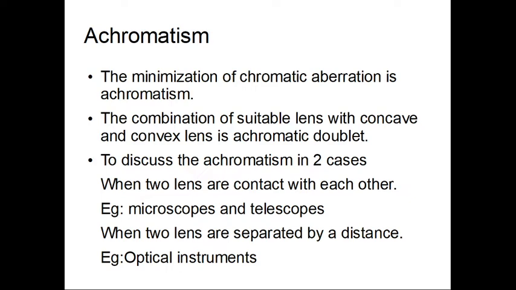For this, a combination of suitable concave and convex lenses, an achromatic doublet, is used. Achromatism is considered in two cases: when the two lenses are in contact with each other, and when the two lenses are separated by a distance.